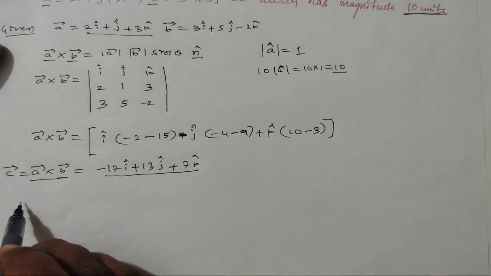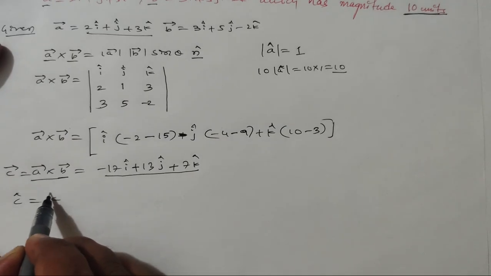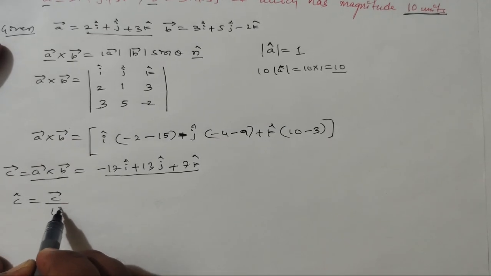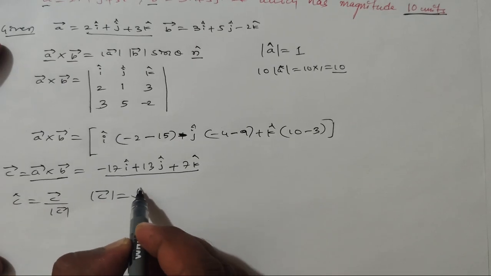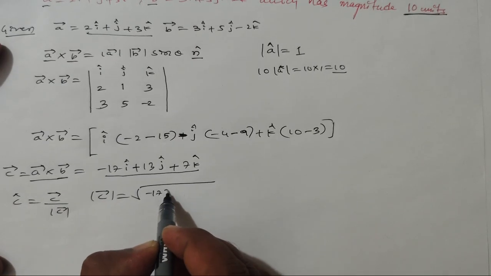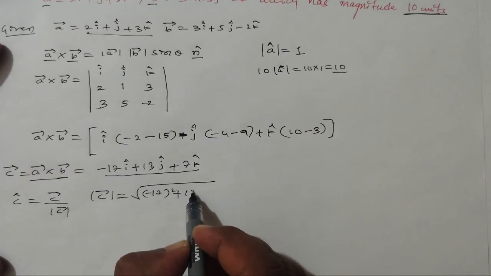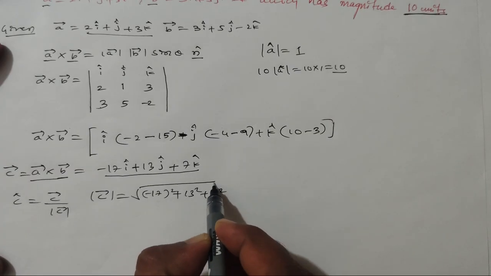Next, to find the unit vector c cap equal to that vector divided by its magnitude. What is the magnitude of c vector? Root of minus 17 square plus 13 square plus 7 square.